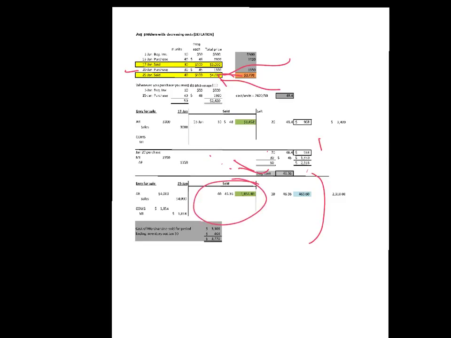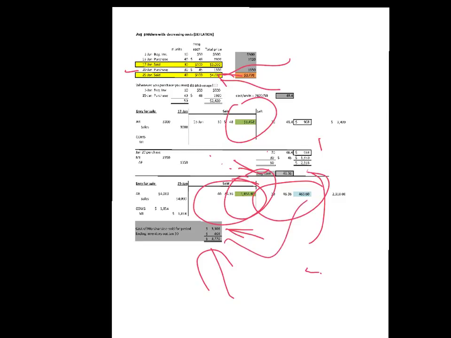So here's my computation of how many I sold. 40 at $46.36, and I have 10 left at $46.36. I'm going to do my check figure down here. I add the 2 green boxes for cost of goods sold. My 2 green boxes are 3306 for cost of goods sold, and my ending inventory comes straight from there, 463.60. So I add them together and I have 3770, which I just use as a check figure.